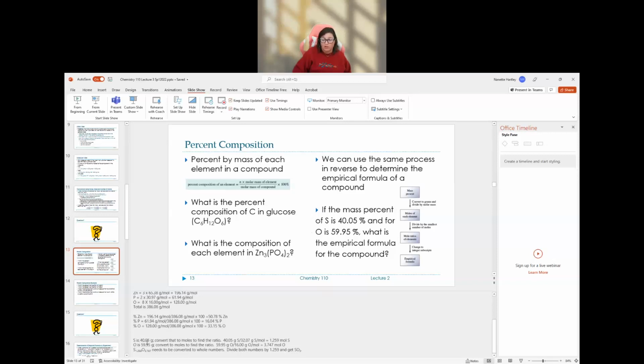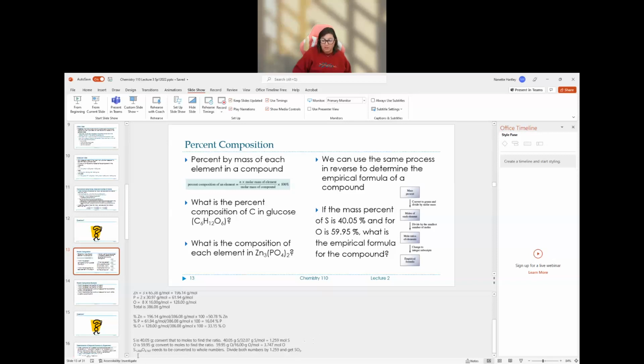We convert to moles to find the ratio. 40.05 grams of sulfur divided by 32.07 grams per mole gives me 1.259 moles of sulfur. 59.95 grams of oxygen divided by 16.00 grams per mole gives me 3.747 moles of O.